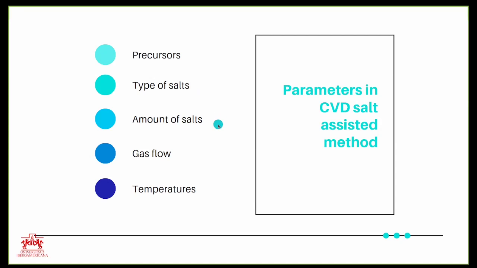The amount of salts is also a really important parameter, and the ratio in the mixture between metal oxide and salts will modify the mass flow of the precursor. And the gas flow influences the mass flow of precursors. The gases used primarily for CVD are hydrogen, nitrogen, or argon, and sometimes we also do mixtures of those gases.